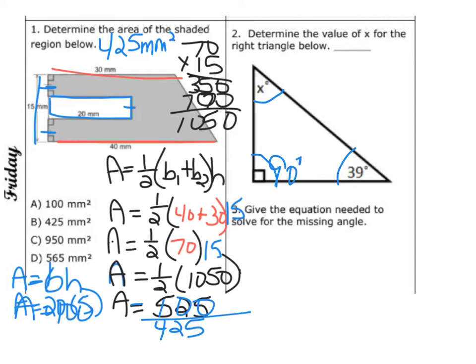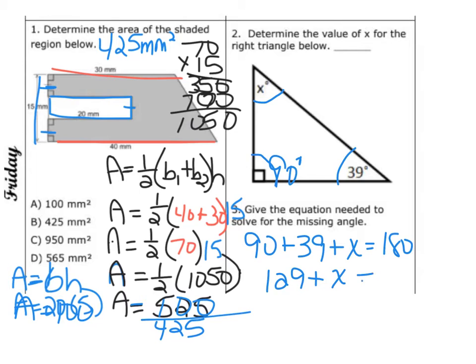Do 90 plus 39 minus 180. So 90 plus 39, so that's going to be 129 plus x equals 180. So in order to find what x is, I am going to subtract 129, which is 51.